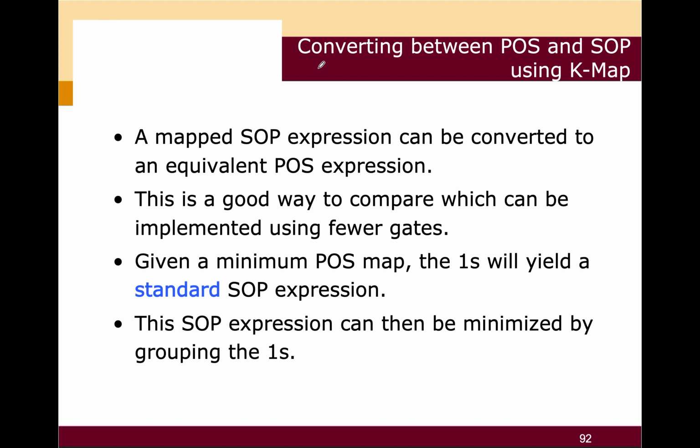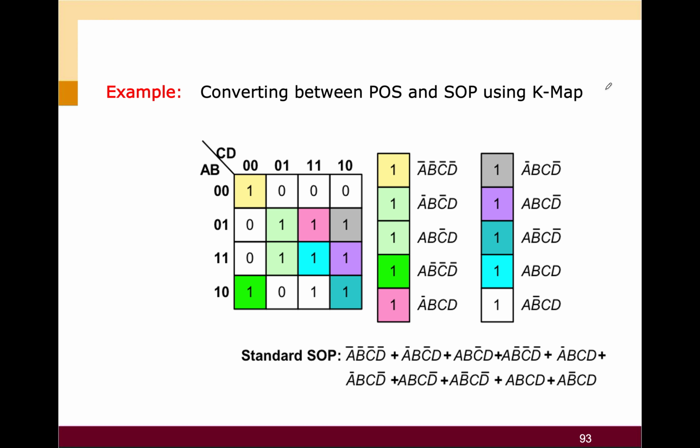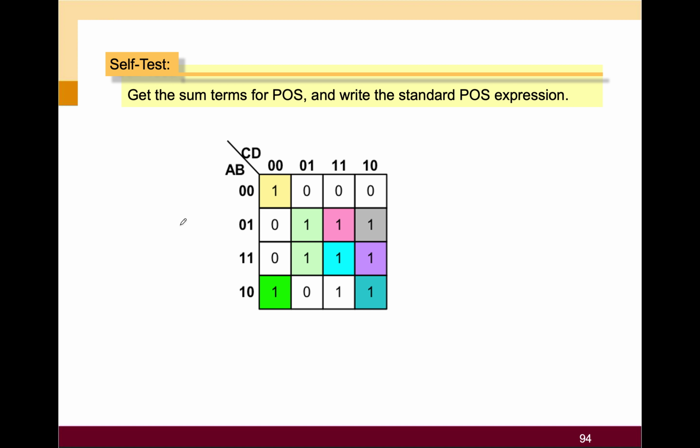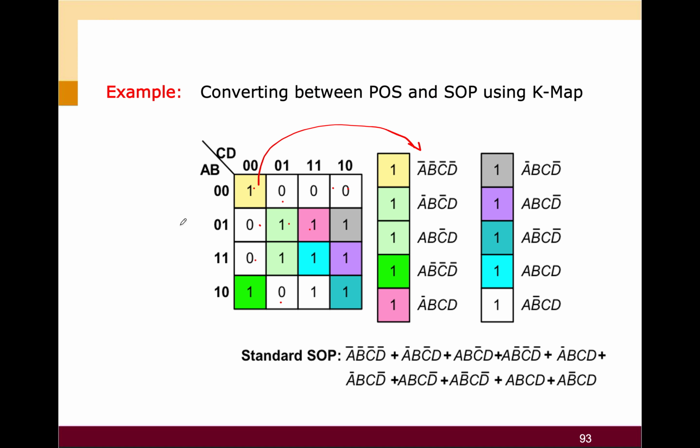The next topic is converting between POS and SOP using KMAP. It is a different way, where the 1, 1, 1 is normally for SOP, and the 0, 0, 0, 0 is for your POS. So first you convert it all to your SOP, and next, oh, it's not showing here.